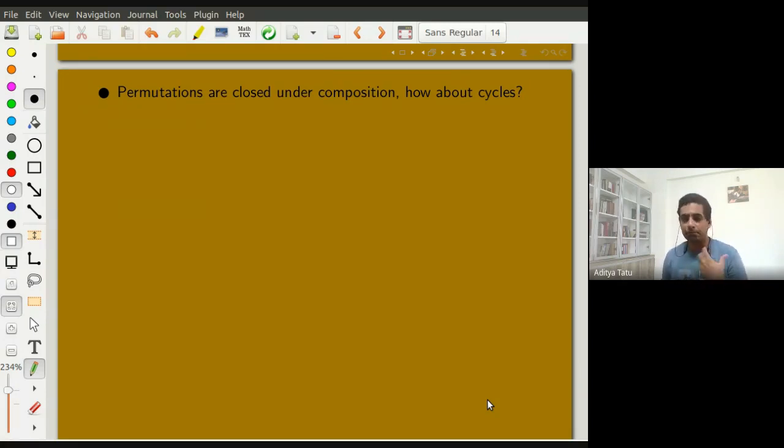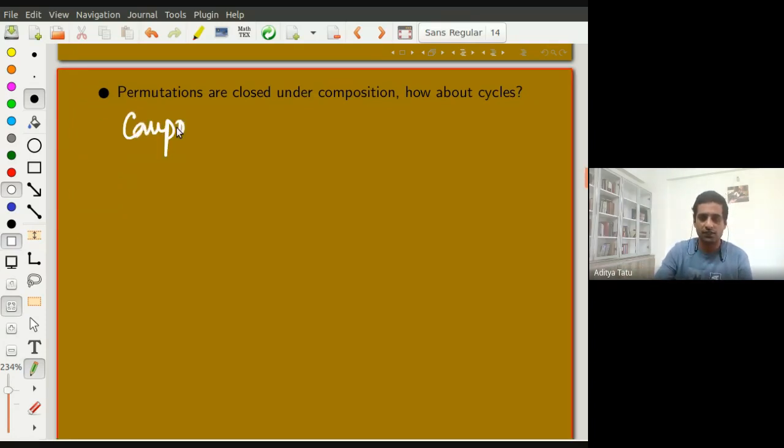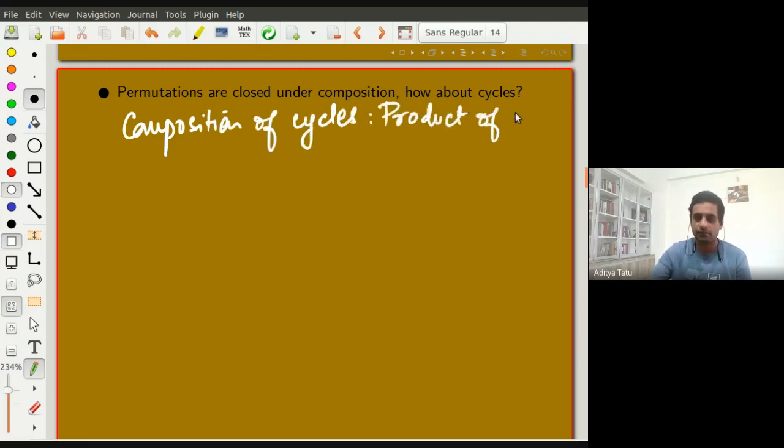I can then compose these cycles also, because these cycles are nothing but permutations. So the technical term used for composition of cycles is product of cycles.